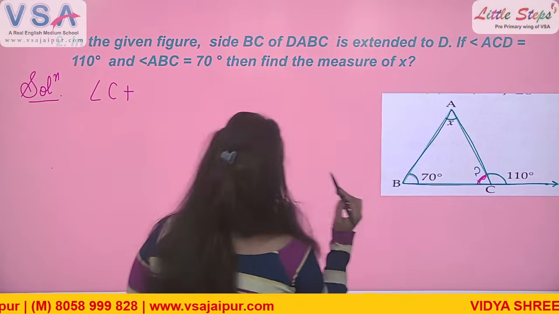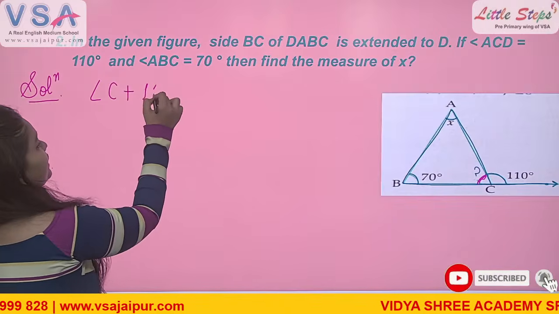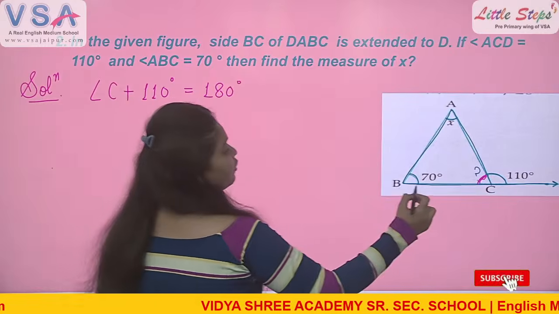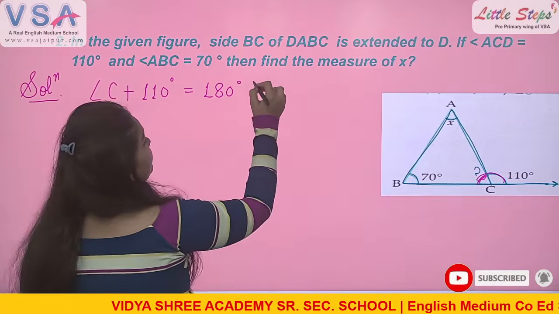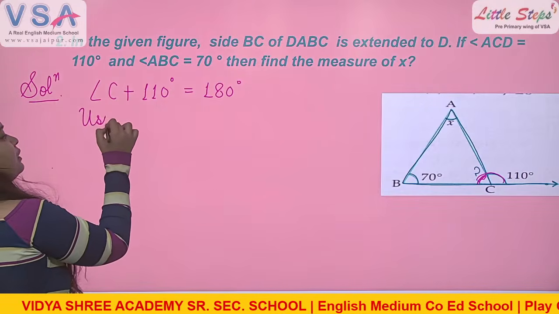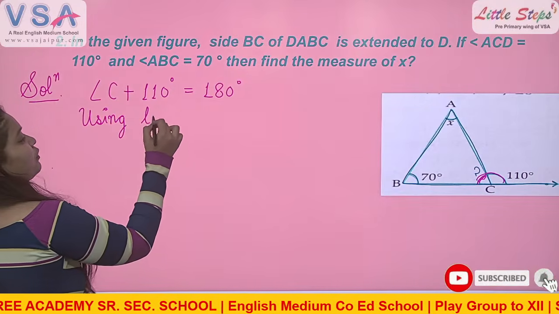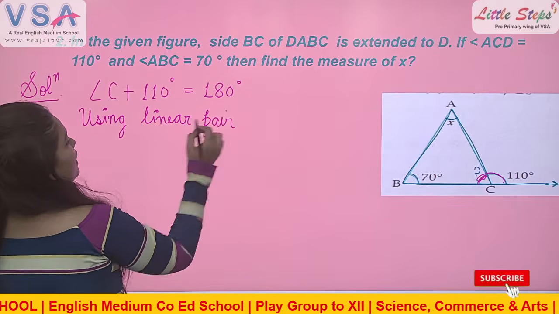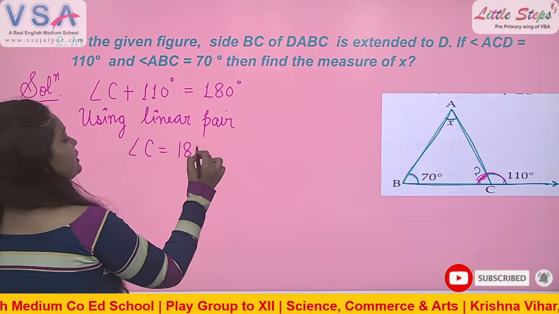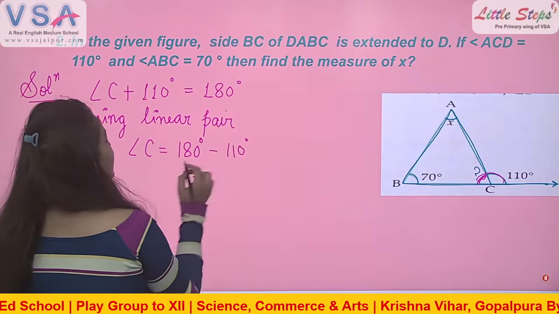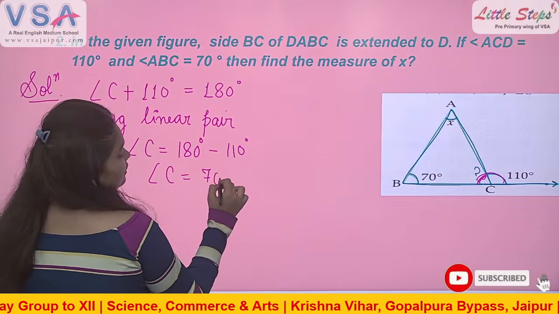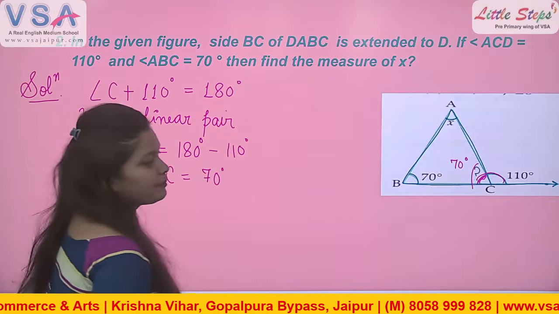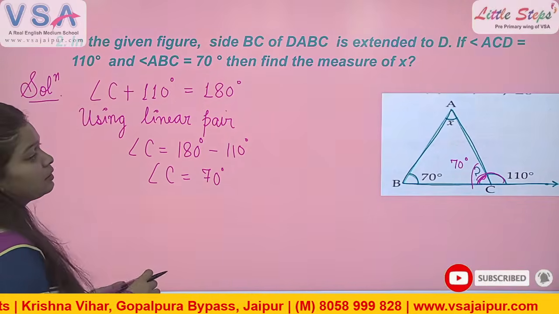Angle C plus 110 degrees, both will become 180 degrees, using the property of linear pair. So angle C equals 180 degrees minus 110 degrees, so angle C is 70 degrees. Now we have to find out angle X.